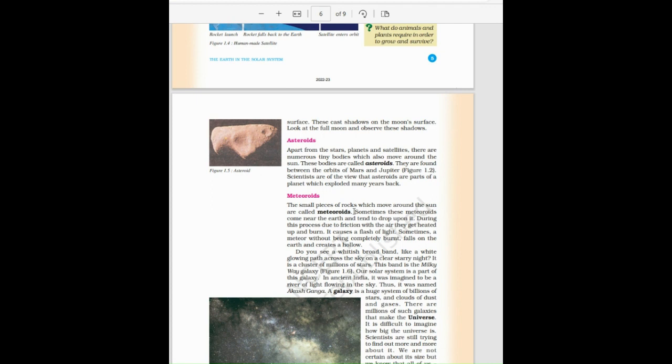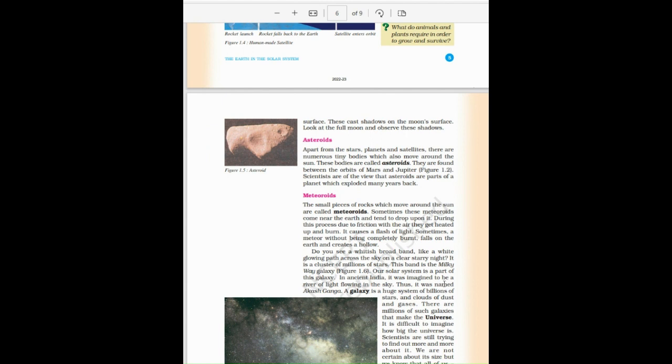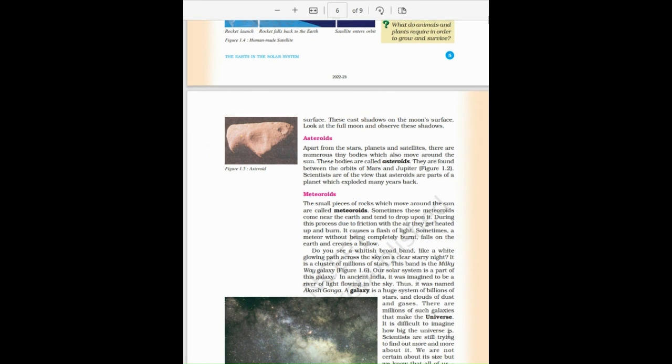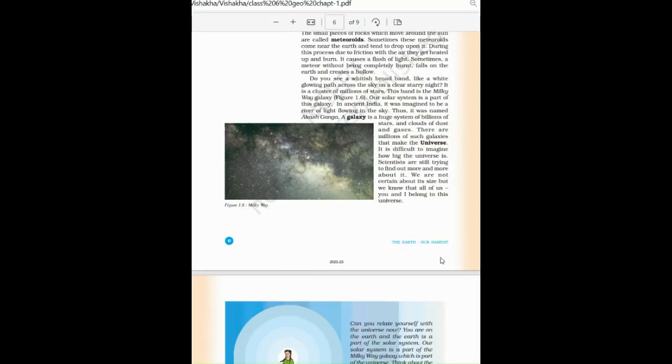Hence, they are also called shooting stars. Sometimes these meteorites are very big and drop on Earth's surface without being completely destroyed, and create a hollow type of structure.